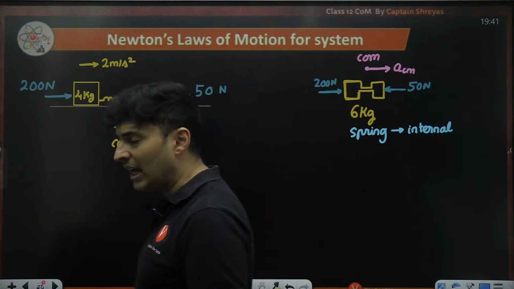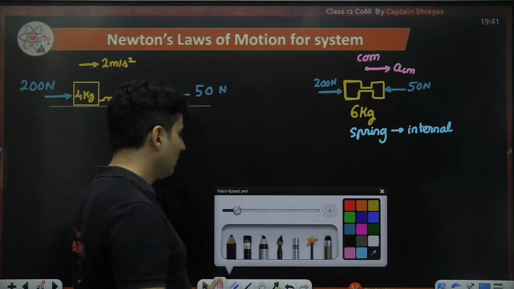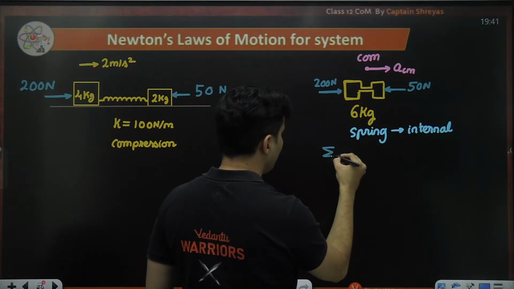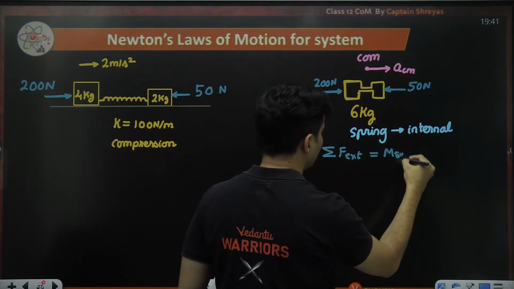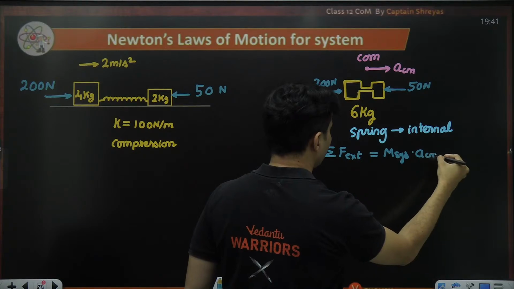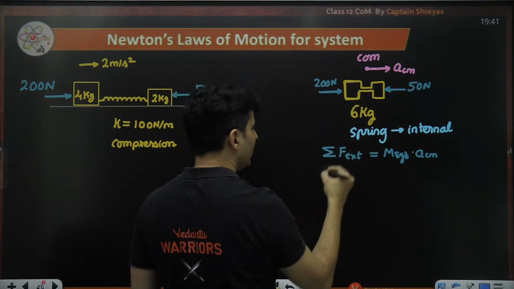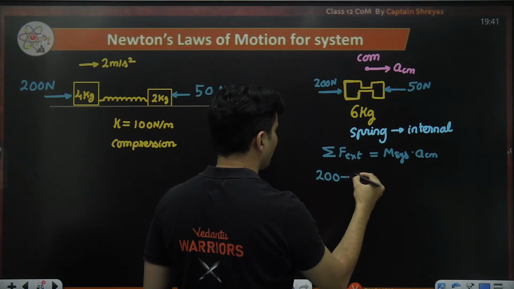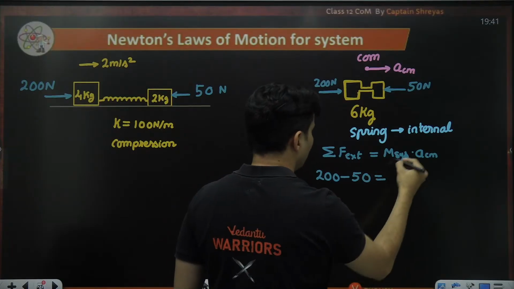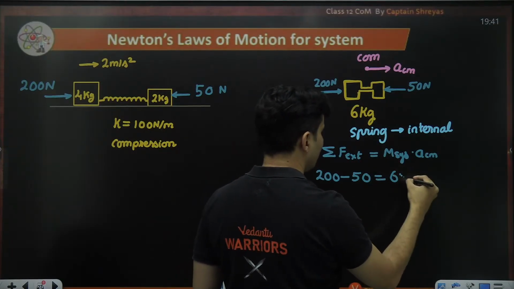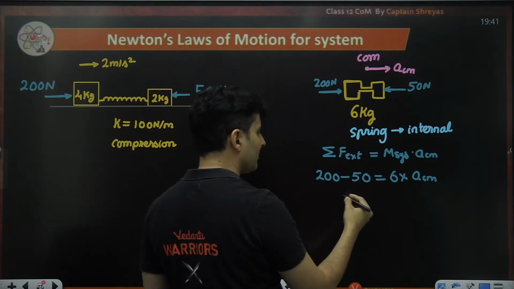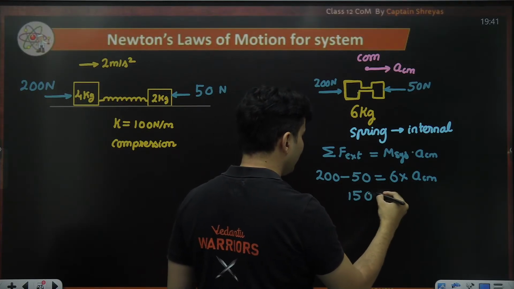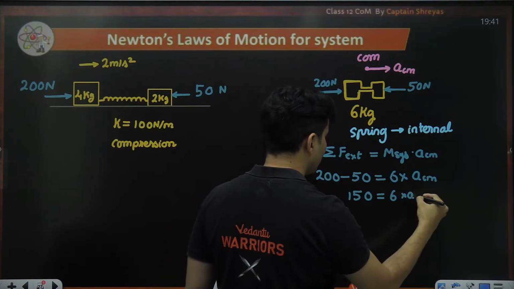So if I apply Newton's modified law, which says the net external force will be the total mass of the system multiplied by acceleration of center of mass. External forces are just 200 and 50, that's it. Mass of the system is 6. Acceleration, I do not know. So 200 minus 50 is nothing but 150, which is 6 times ACM.